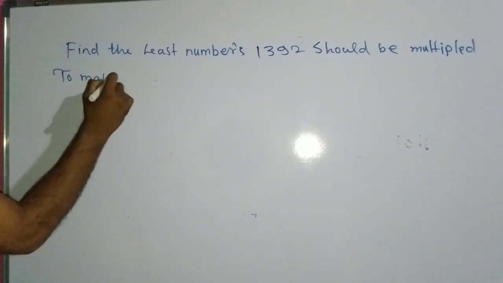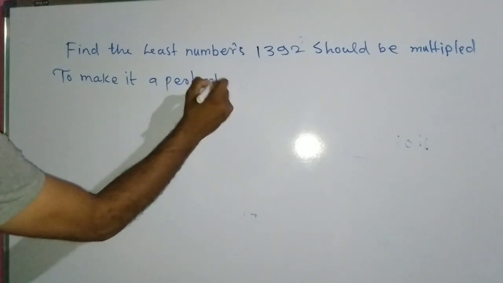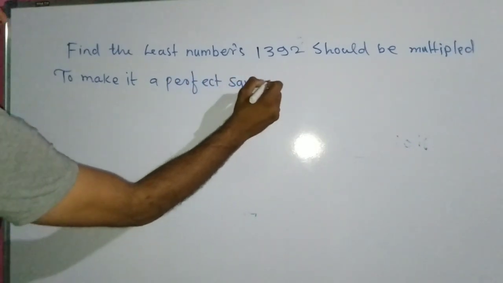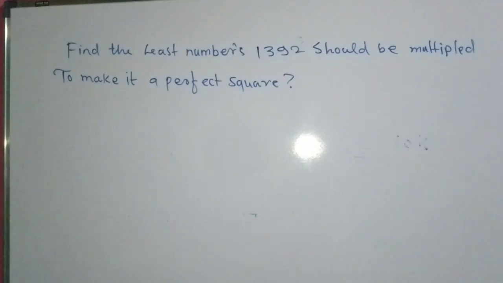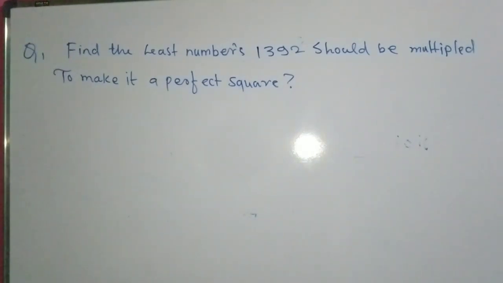This question is given here: to find the least number by which 1392 should be multiplied to make it a perfect square.